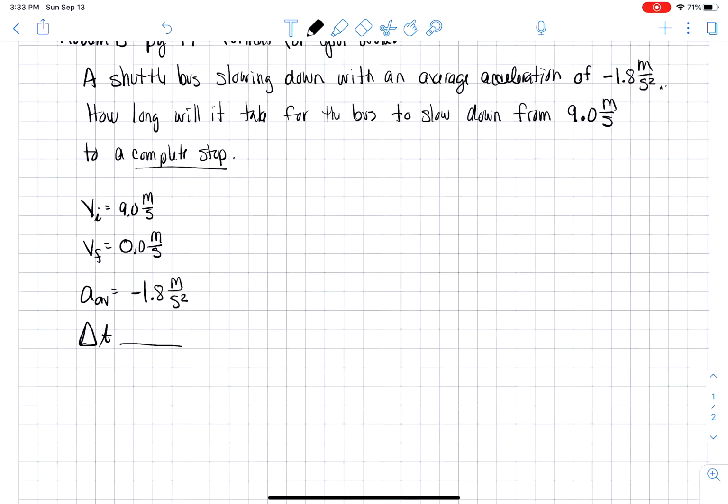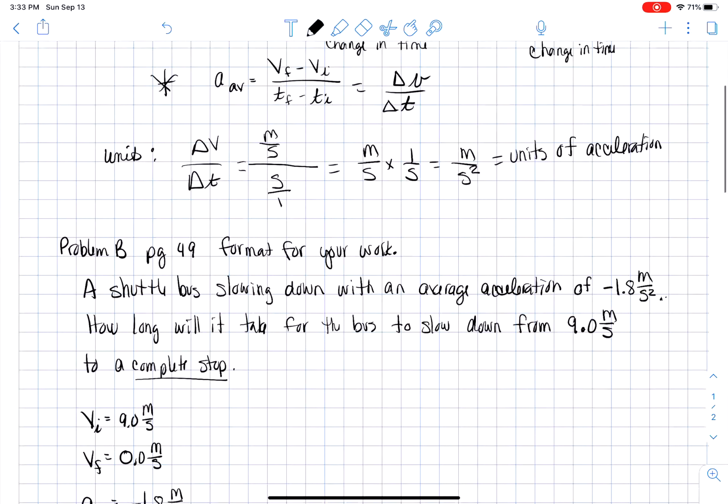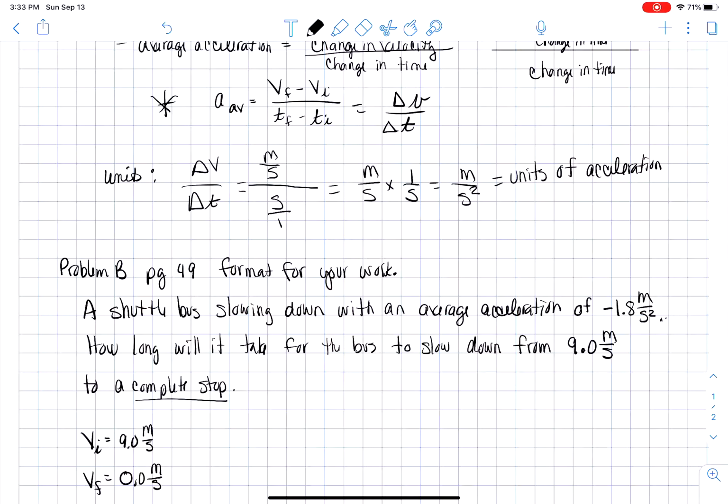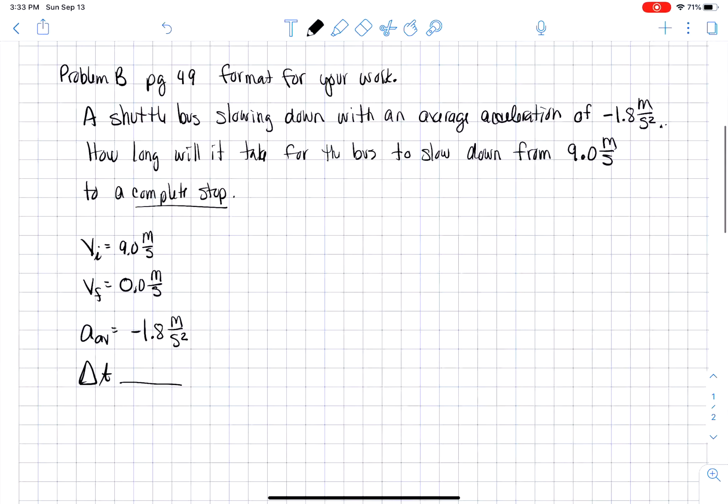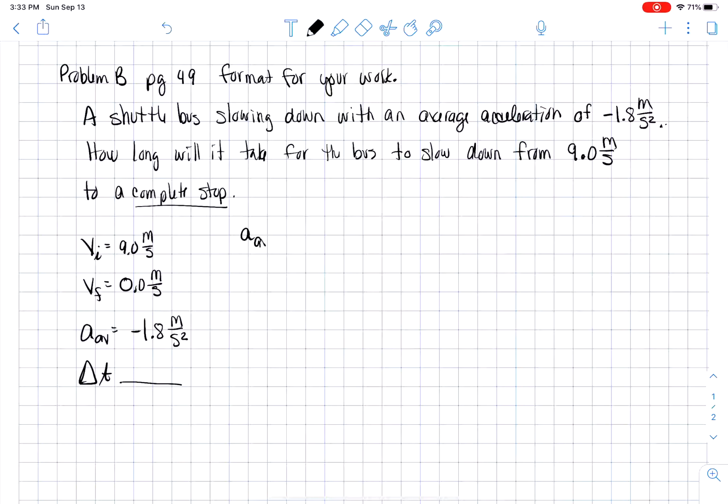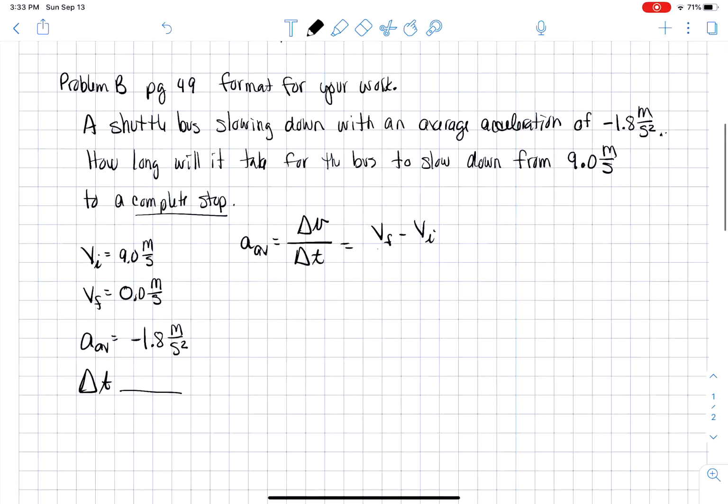Our equation, if you remember, scrolling up here, is going to be A average is going to equal the change in velocity over the change in time. The change in velocity is going to be the final velocity minus the initial velocity over delta t.